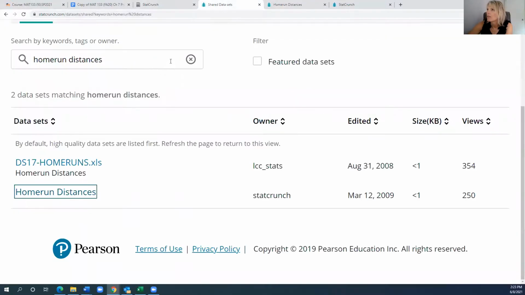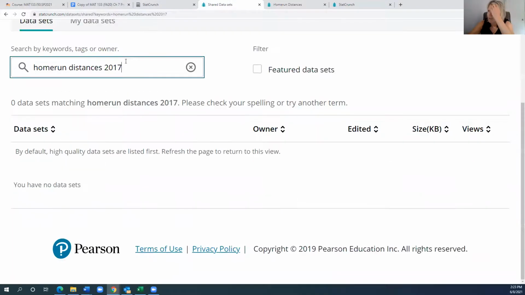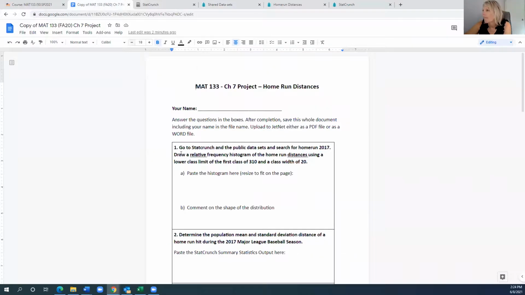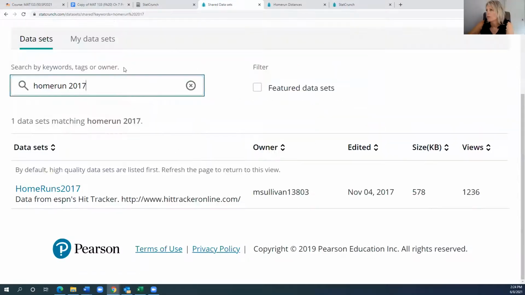No. Oh, I think it's just home runs 2017. Yep, home runs 2017. It should say M. Sullivan is the creator in 2017 right here.